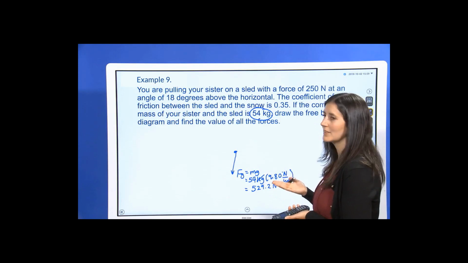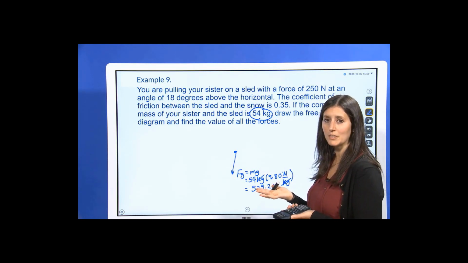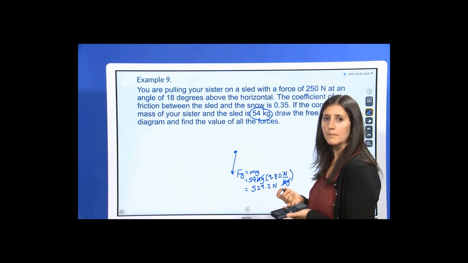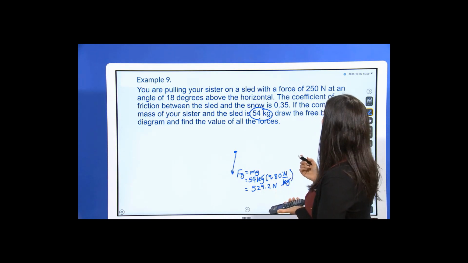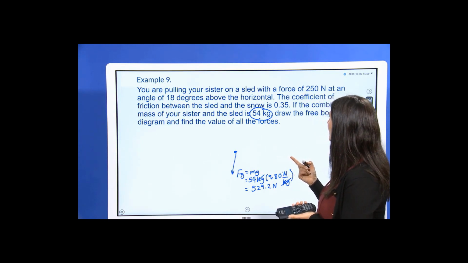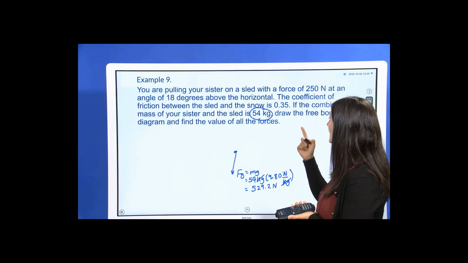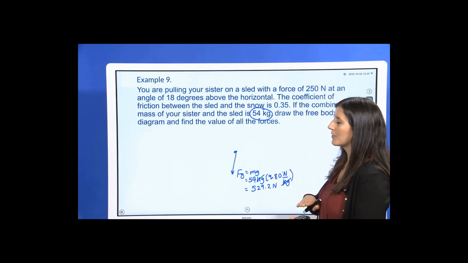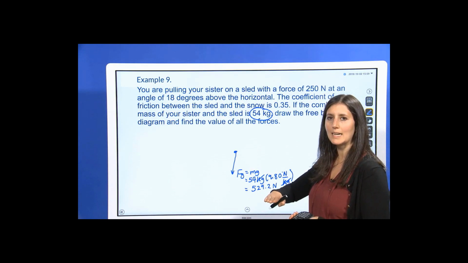Next, my sister and the sled, they're on the surface of the snow. So there is going to be a normal force. I'm pulling my sister on the sled with this force at an angle of 18 degrees above the horizontal. The coefficient of friction is given, and they don't mention anything about the ground being at any angle.